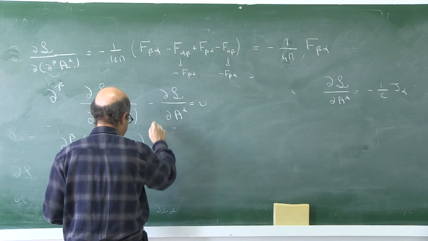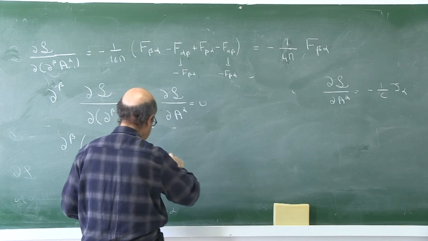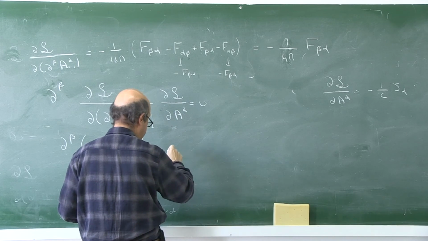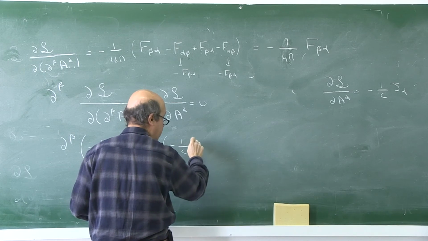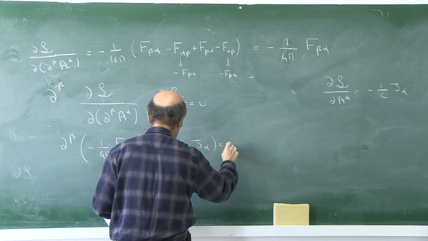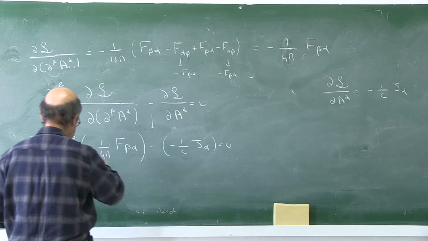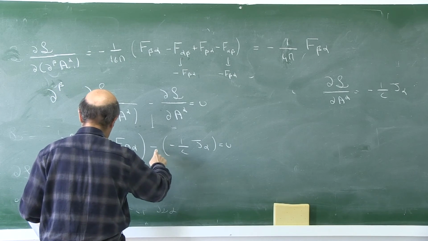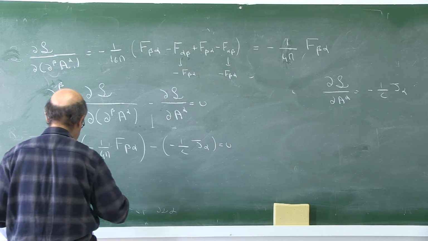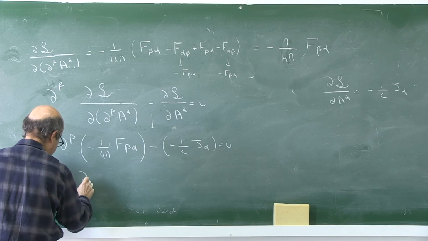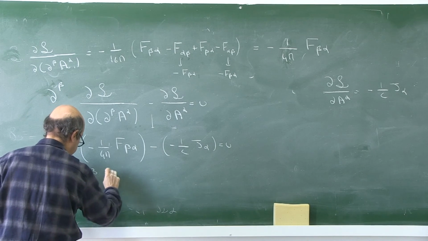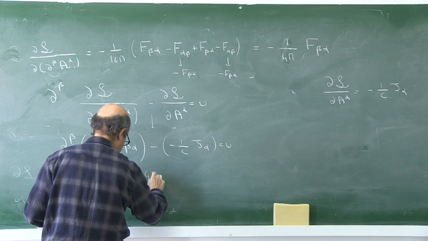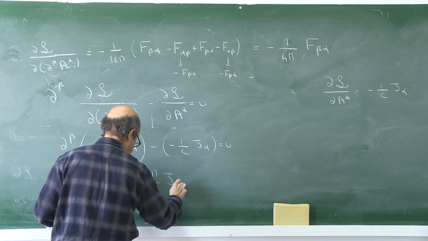Minus for this term, and instead of del Lagrangian density over del A alpha, you will have 1 over C J alpha. Are the indices in the same places? Beta and beta are contracted, alpha is free. So this is positive, goes to the other side as negative, and everything is negative. So you will obtain del beta F beta alpha is equal to 4 pi over C J alpha.